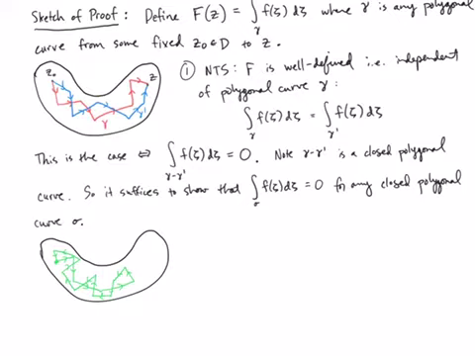So basically, the basic claim is that the integral over sigma of f, we can break sigma up. So as you're going along here, you can add in these extra points where you have intersections.